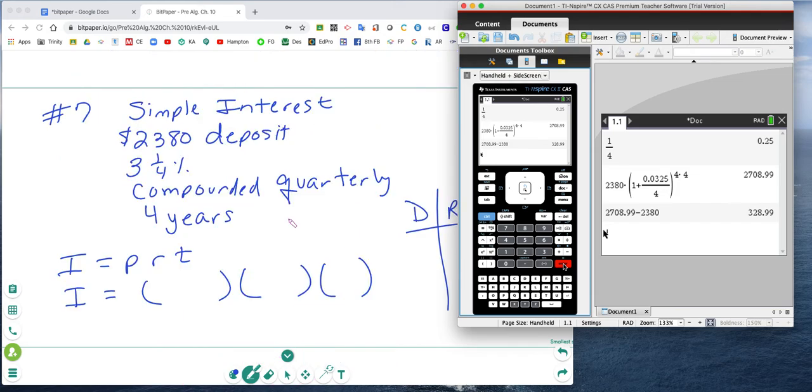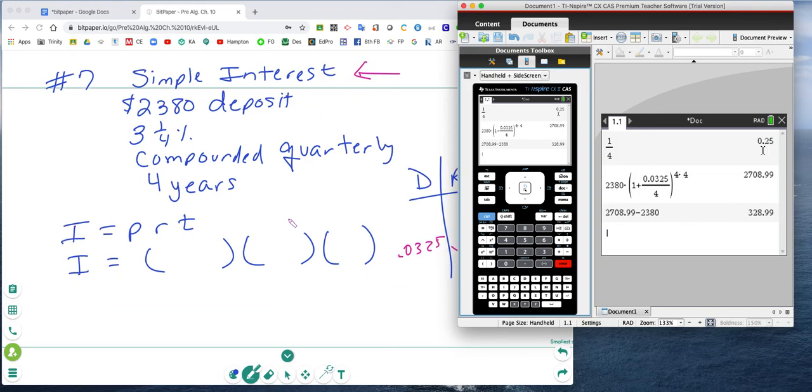2708.99. Now let's take that same exact money and determine simple interest. So the first thing that we're going to do is find our rate. We've already done the 1/4 is equal to 0.25. So we already know that this is 3.25%. And we already know how to change that to a decimal, which is 0.0325. And now we're going to take a look at what our formula is going to look like for finding simple interest.